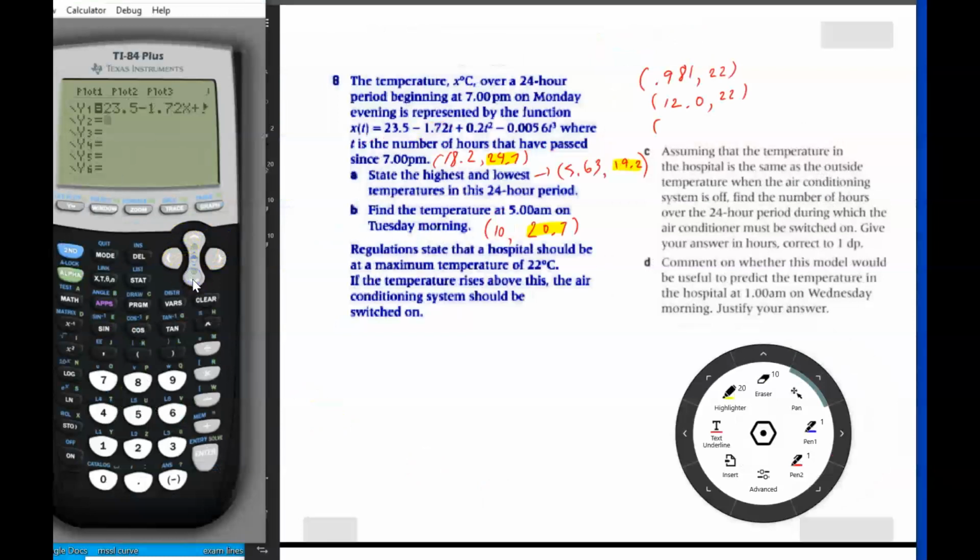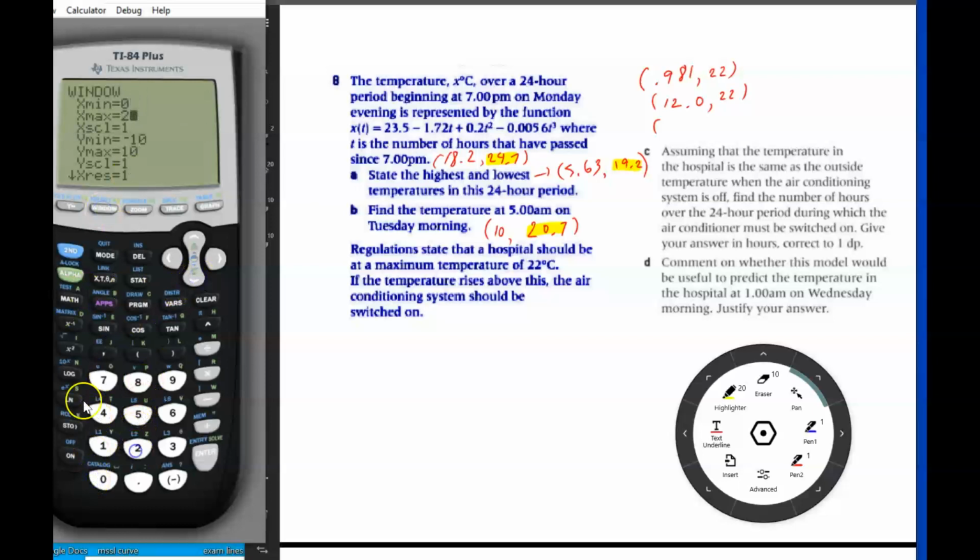Okay, sorry, I had a technical problem and I had to restart my work, but here we are, we're back again. I need to adjust my window again. My window, if you remember, x equals 0 to 24, and my y value is 0 to 50, right?